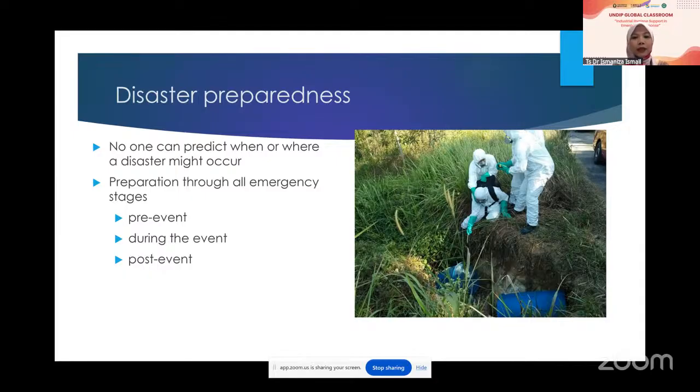So preparedness is not just one thing, it's three stages: before, during, and after. Pre-event is before anything happens. This is where we train, plan, and prepare. Honestly, this is the stage people love to ignore because everything looks calm, nothing is urgent, unlikely to happen.